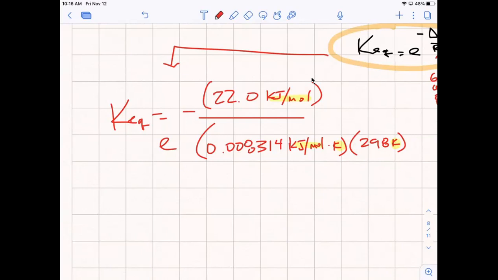So the bottom number is 2.477572, and the top number is 22. We divide that by 2.477572. It's 8.